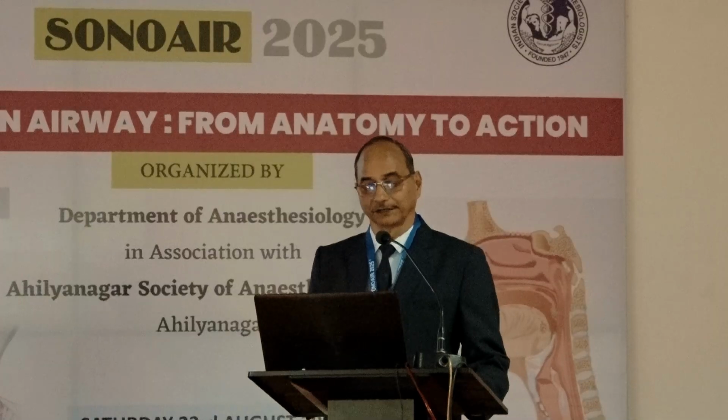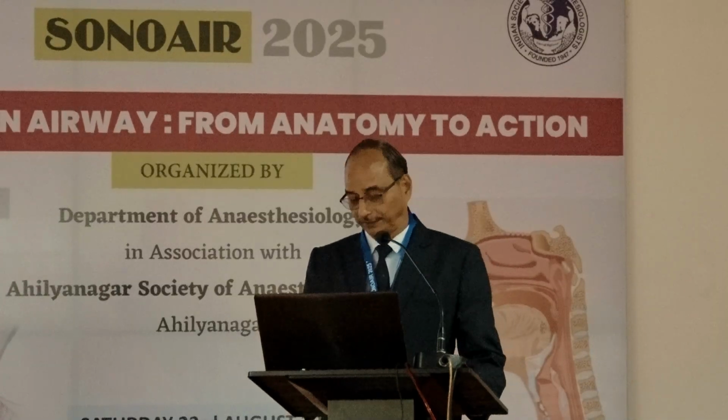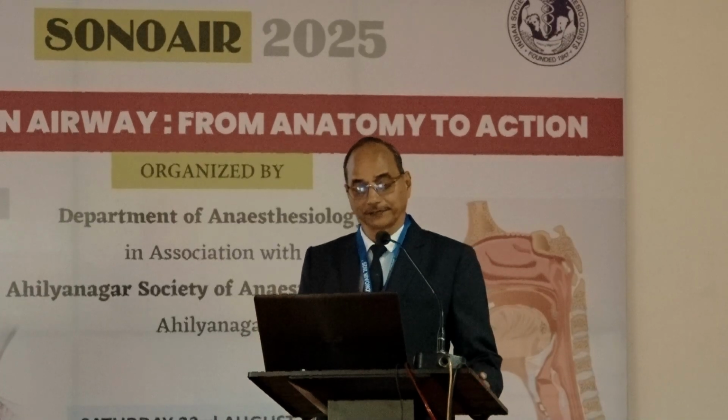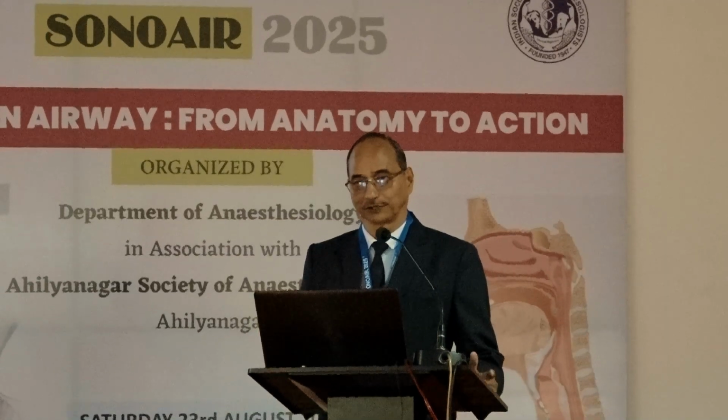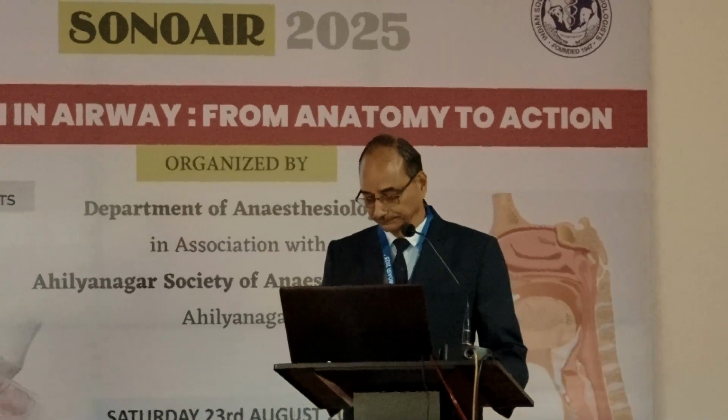Now, coming to the anatomy. The airway refers to the upper airway. The upper airway comprises the nose, the nasal cavity, oral cavity, the pharynx and the larynx. Below that is the lower respiratory tract, which includes the trachea, the main bronchi and the bronchioles.